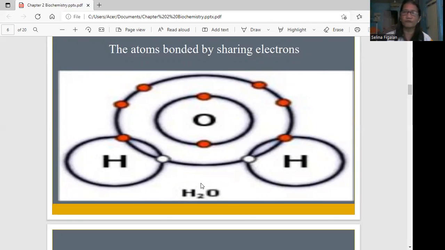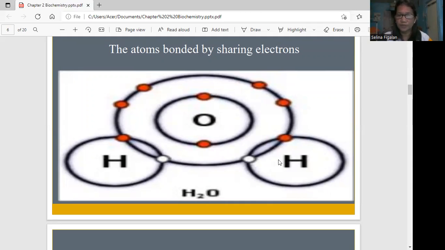The atomic number of your oxygen is 8. Since the first shell needs 2 electrons, you have to subtract the 2 electrons na nilagay on the first shell from this atomic number, which is 8. So ang natitira na lang talaga on the second shell is 6. Okay? Para ma-complete yung second shell, kailangan niyang, ang second shell ay meron siyang 8.